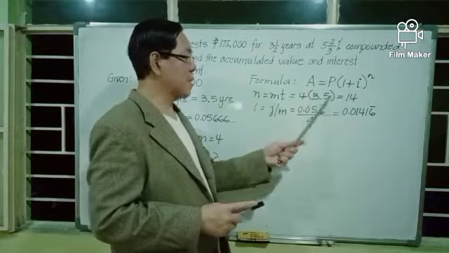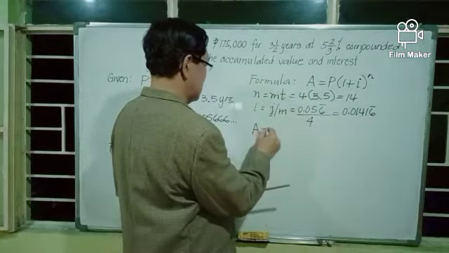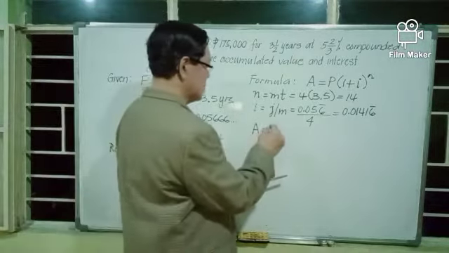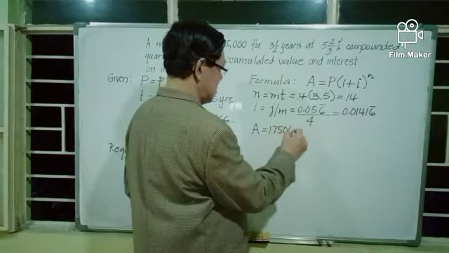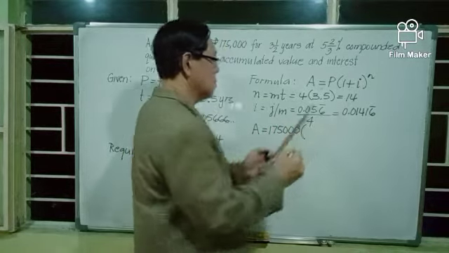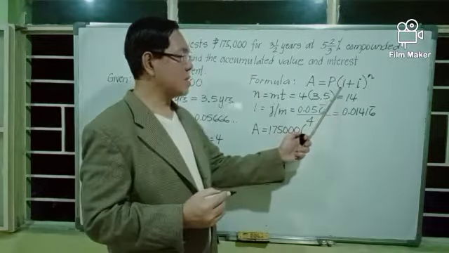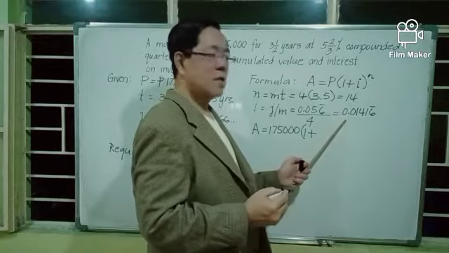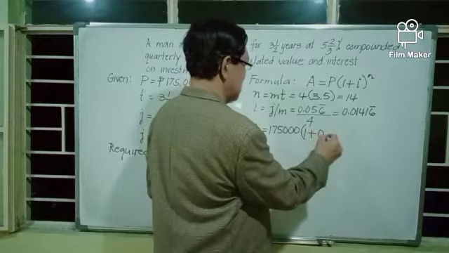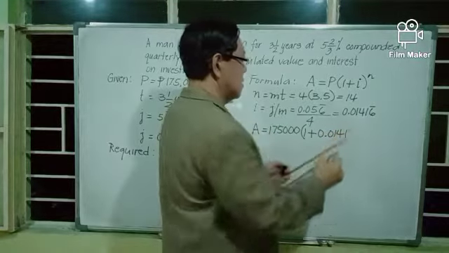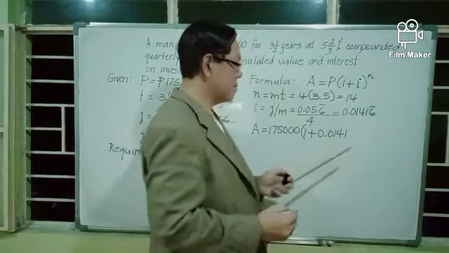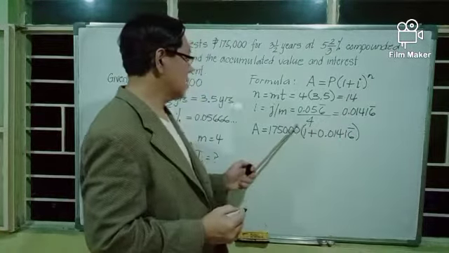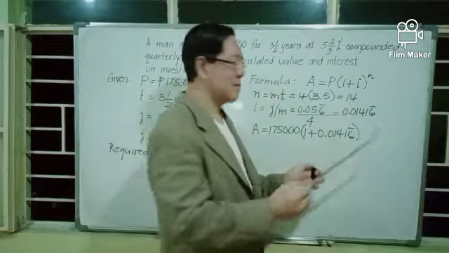A equals P, and P is 175,000 pesos, multiplied by quantity, open parenthesis, 1 plus i. i is 0.01416 with 6 repeated, to the power n. n is 14.